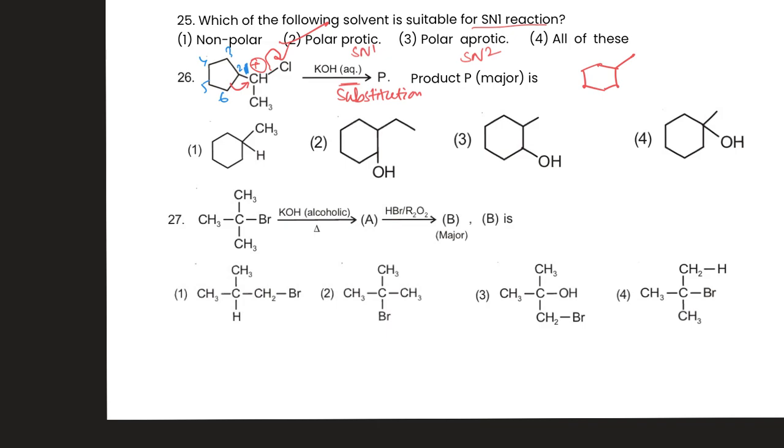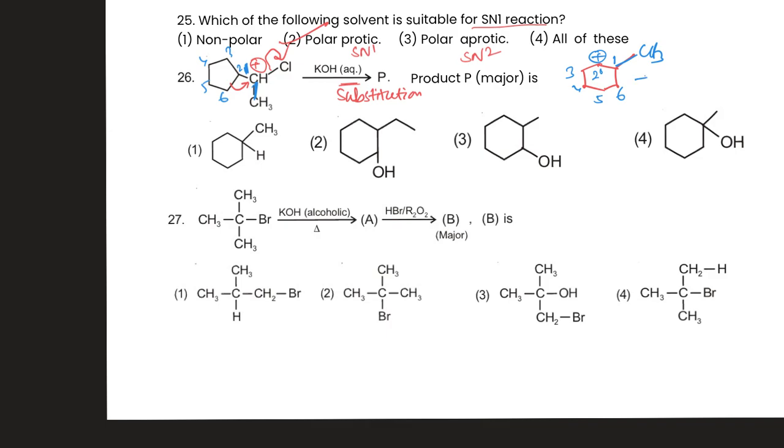The first carbon is bonded with CH3, then the second carbon is the carbocation, second is bonded to third, third to fourth, fourth to fifth, and fifth to sixth. Now this is a secondary carbocation.